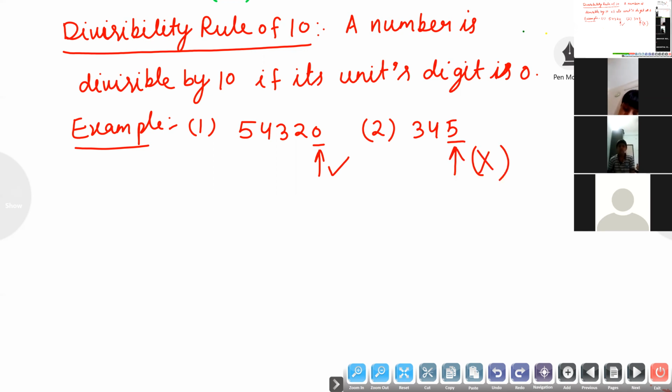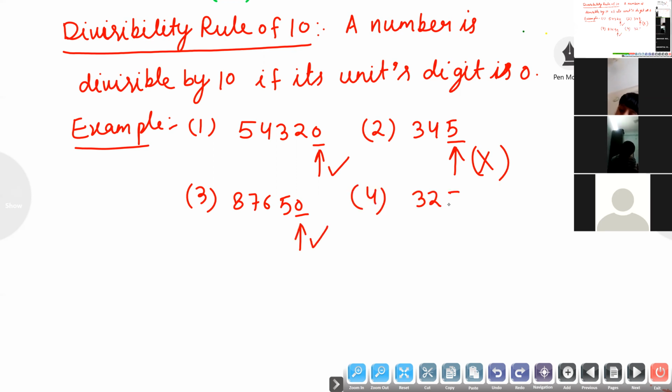Third example, 0 is present at ones place, divisible by 10. Note down everyone.